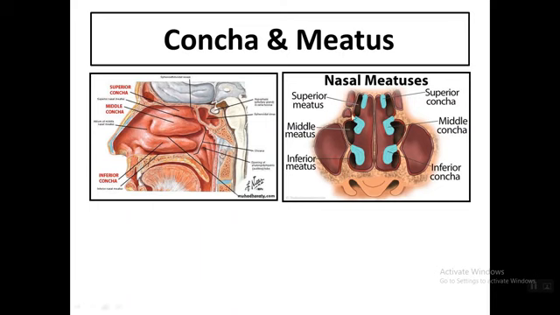The middle meatus will receive the opening of the maxillary sinus, the frontal sinus, and the anterior ethmoidal sinus, while the inferior meatus will receive the opening of the nasolacrimal duct.